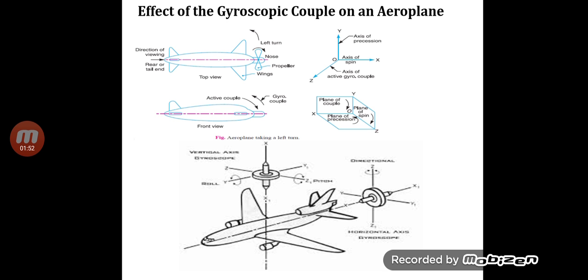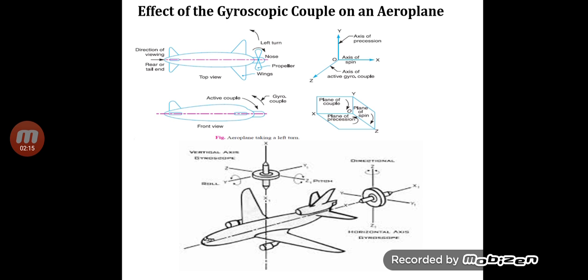In this case, the turbo jet engine is going to rotate with a huge amount of inertia, and if that aeroplane is taking a turn, the disc which we can consider is the aeroplane engine and its propeller.